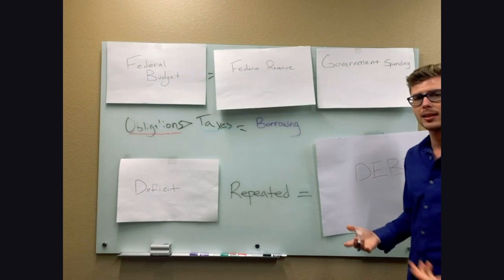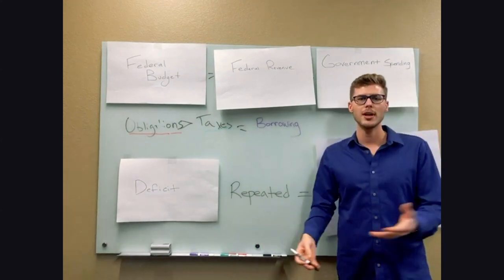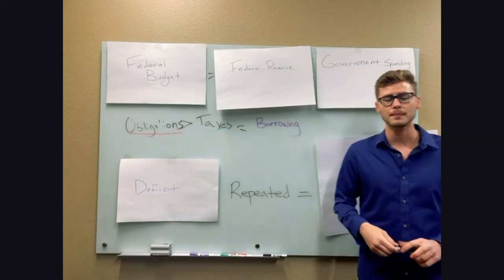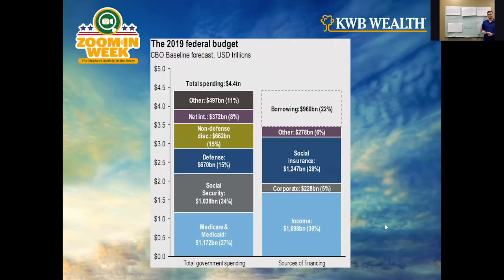With that being said, let's look at an example. Rachel, can you please show us how the federal budget looked in 2019? First, you can see there are really two primary drivers for the budget. Of the 4.4 trillion total budget, half, about 2.2 trillion, was Social Security and Medicare. The rest was different types of programs.